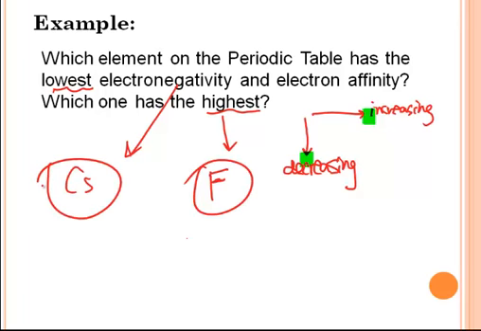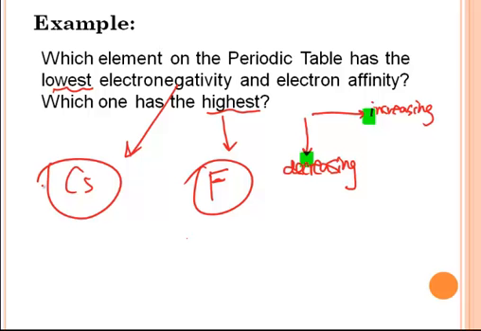Cesium and fluorine. So with that, let's recap what we discussed today. It's the electronegativity and the electron affinity. Make sure you actually understand the definition of those two. Electronegativity measures the ability or the strength of a neutral atom to attract a free electron.